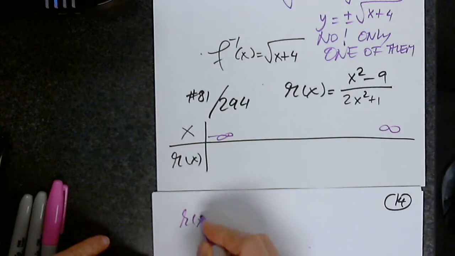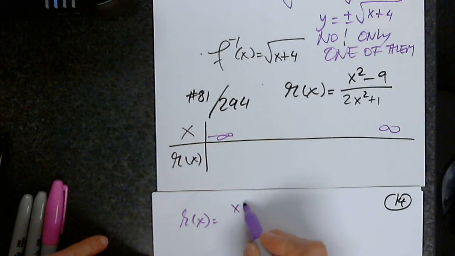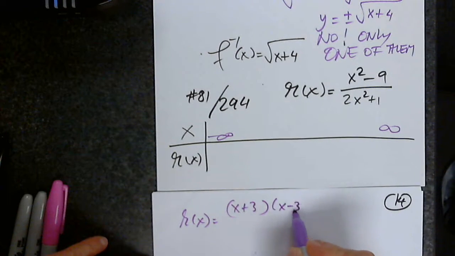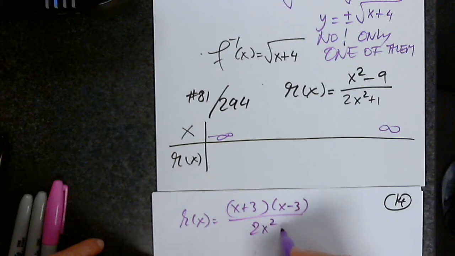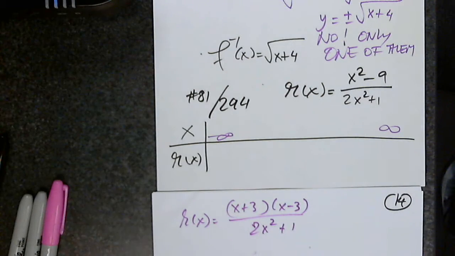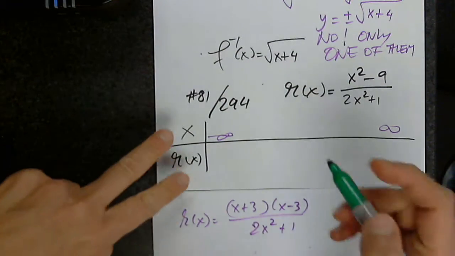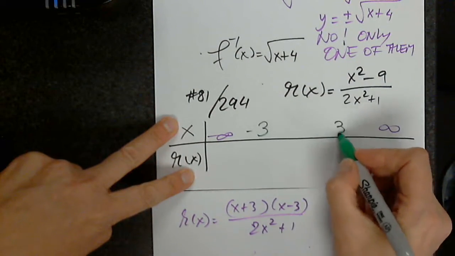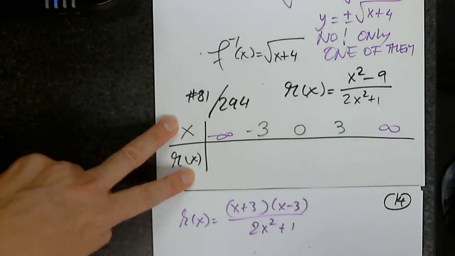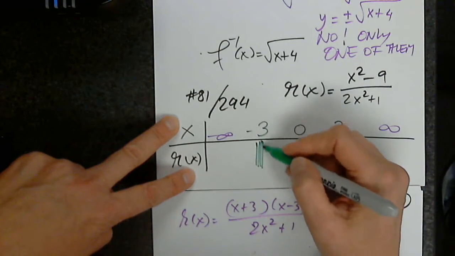Of course, I will factor the numerator, x plus 3 and x minus 3, divided by 2x squared plus 1, because I need to find the zeros. That's my next step. Can anyone tell us when this fraction will be 0? Only when the top is 0, and that happens only when x is exactly negative 3 or 3, and also 0 has to be in the chart. So I know that this is undefined here.